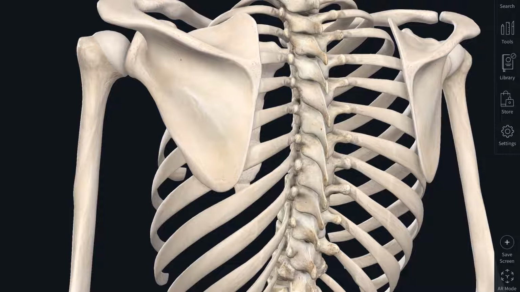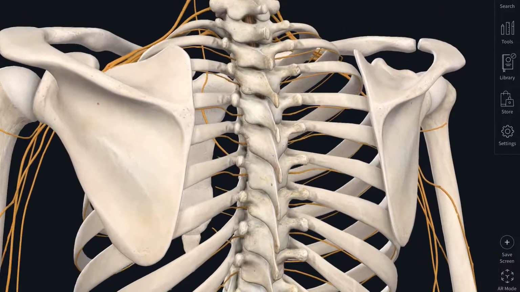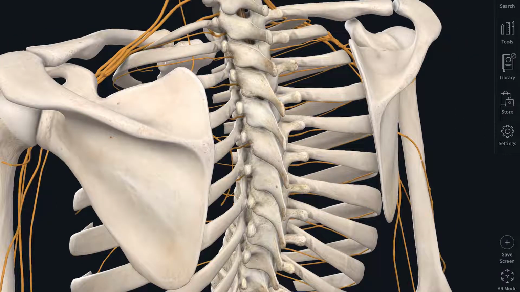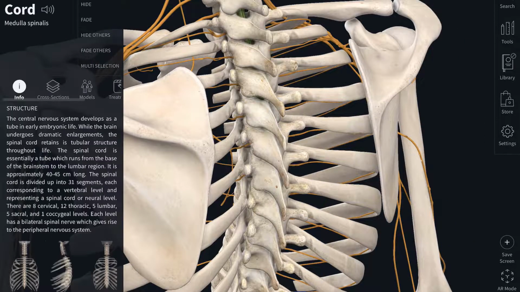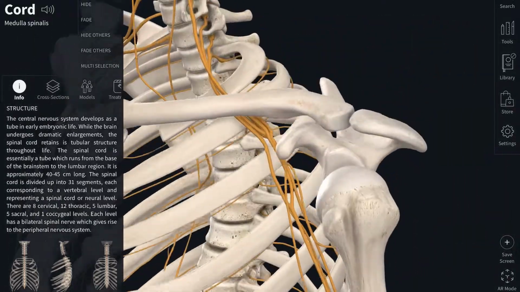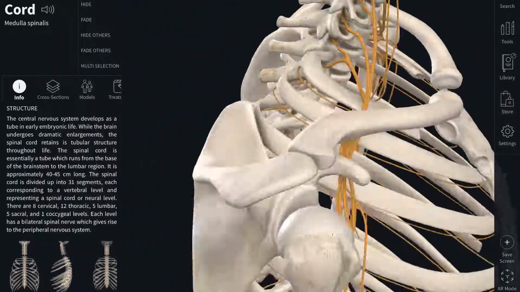So if we add some of the nervous aspects of our body, you can see in the middle is the spinal cord, the central nervous system. And notice how all of these nerve endings are moving from the spinal cord and out onto the limb.